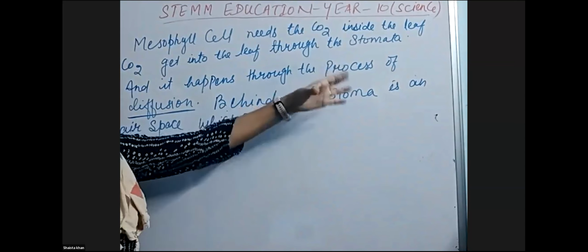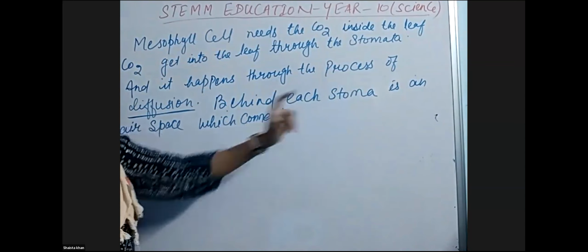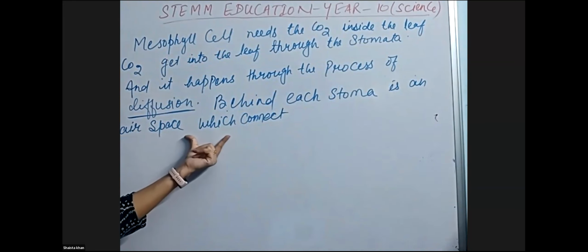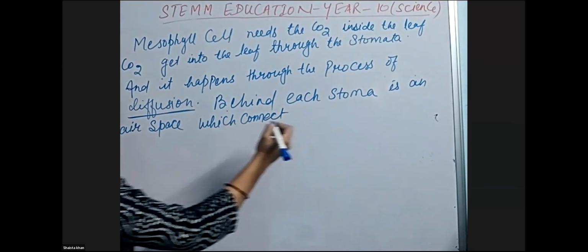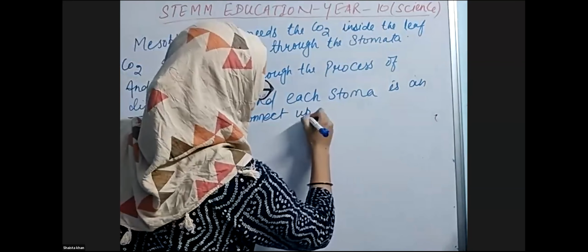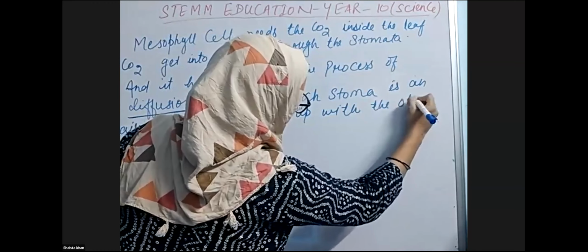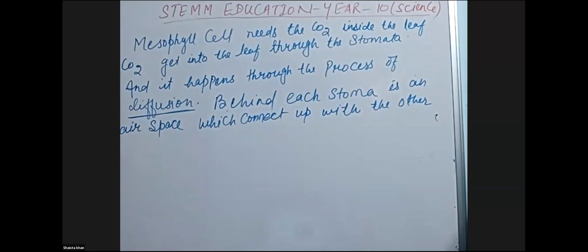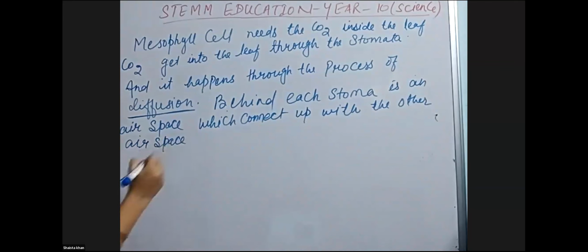Behind each stoma, in the palisade mesophyll layer, there is an air space which connects up with the other air space, and with the other air space.